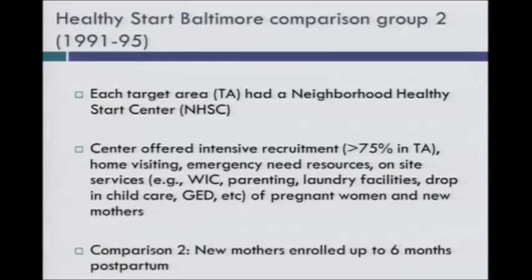And they definitely got well over 75% of the women to enroll in Healthy Start. Now, some women enrolled prenatally, and some women enrolled postpartum. And you could enroll if your infant was up to 6 months of age. So we actually used as a control group the women who enrolled postpartum. In theory, we thought they were just as motivated to enroll in a program as women who enrolled prenatally, and they had many of the same sociodemographic risk factors.